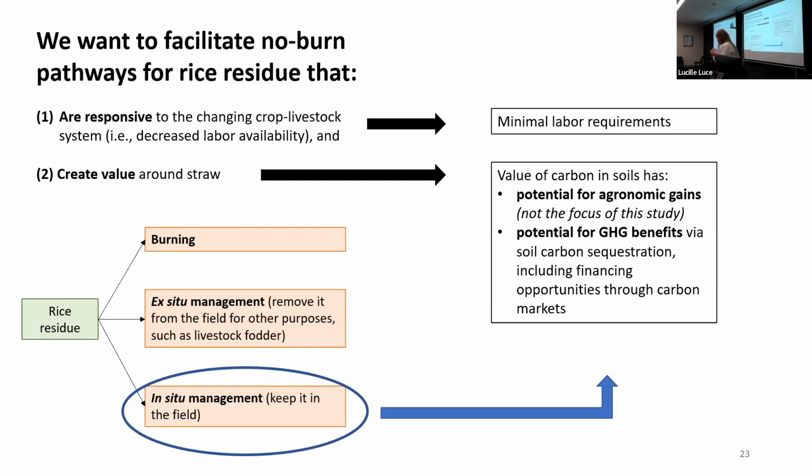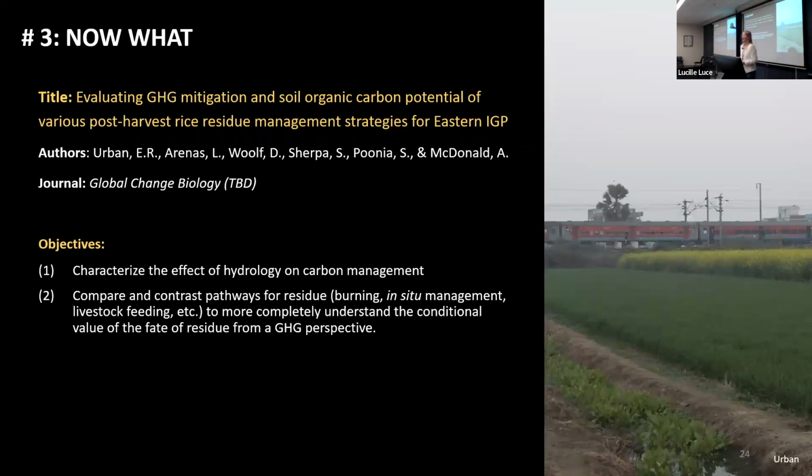But one thing in these systems is they're rice systems. Rice systems are generally wet systems, which are more prone to methane, and the trade-offs of adding carbon into the systems becomes a little bit more complex. And that's what this third and last paper, body of work, I should say, looks at.